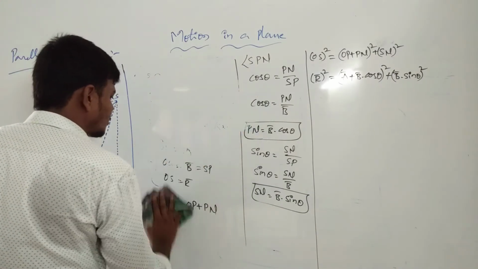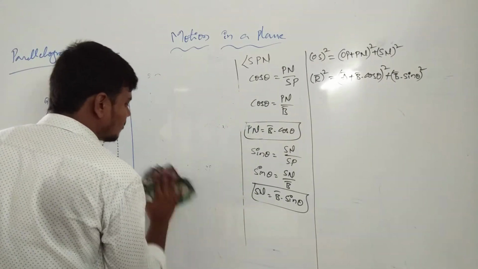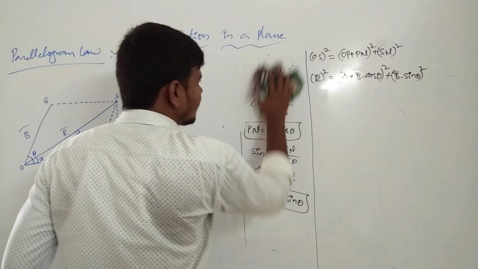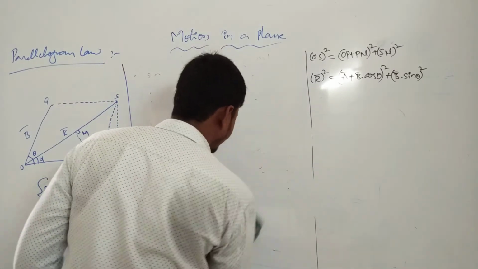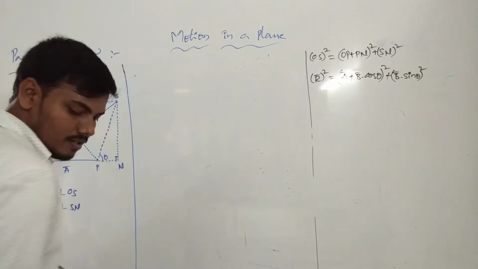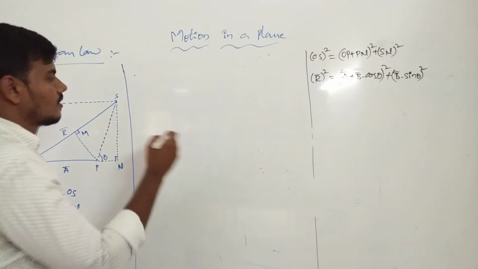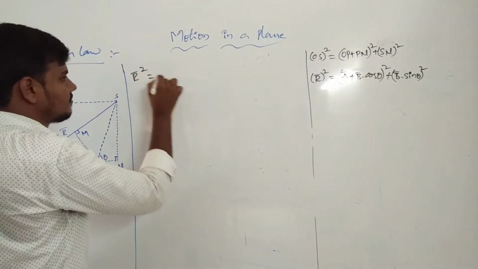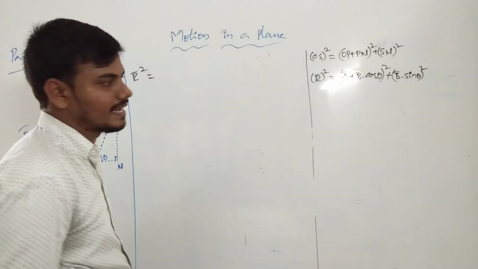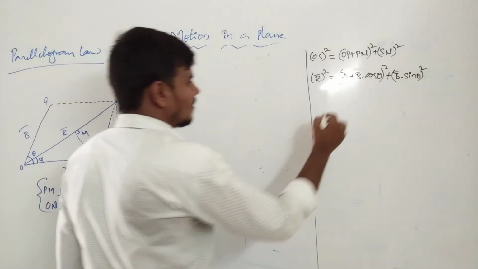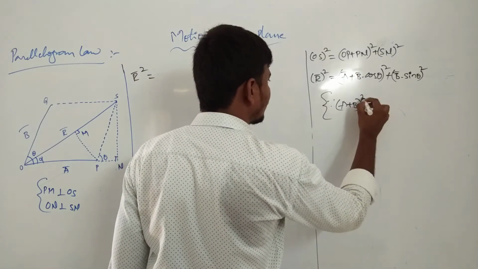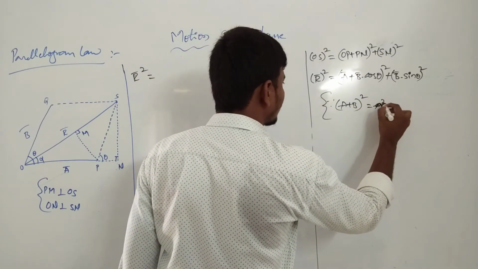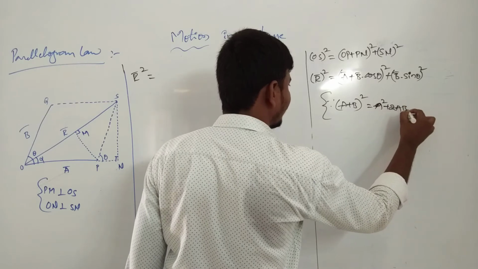Next, SN square is equal to B bar sin theta whole square. Now R bar square is equal to A plus B whole square, since A plus B whole square is equal to A square plus 2AB plus B square.